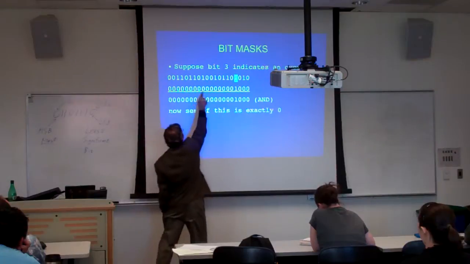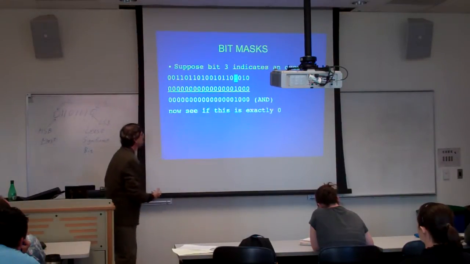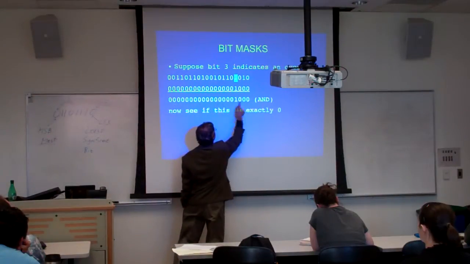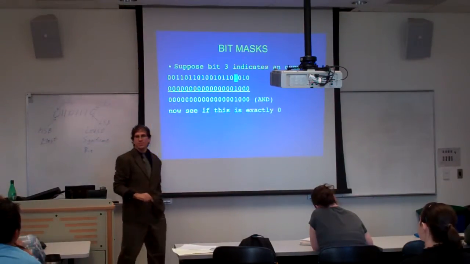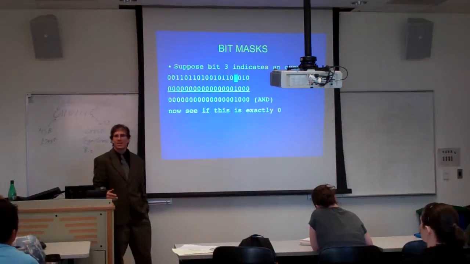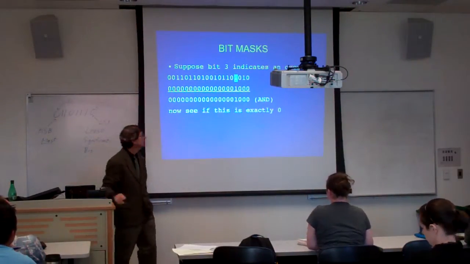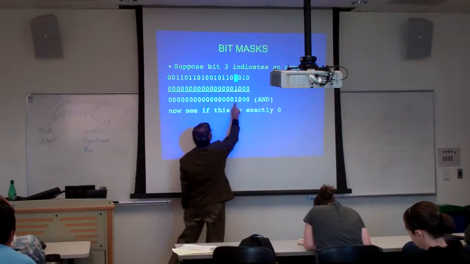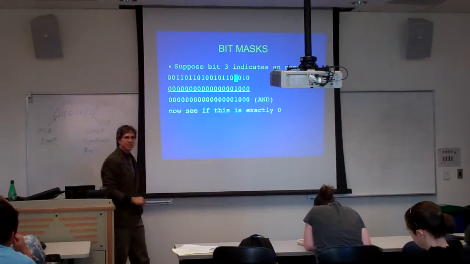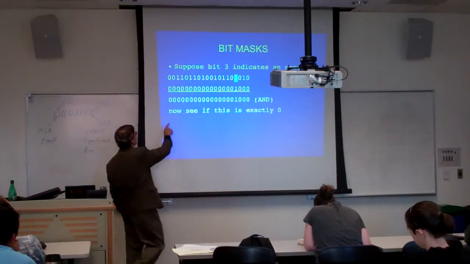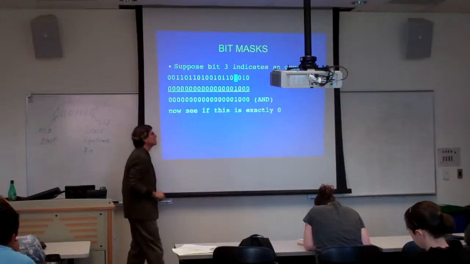If you AND this with your original number, your status register, what you get is something with 0s everywhere except that 4th bit. Something ANDed with 1 is just what you started with: X ANDed with 1 is X. So you get a number that's 0 everywhere except for that 4th bit, which comes from the status bit. Now all you have to do is look at this resulting number and see if it's equal to 0.